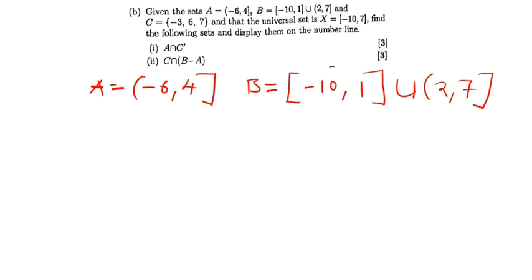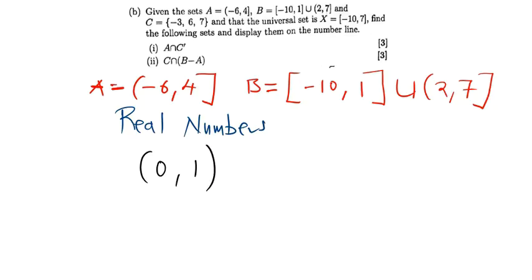Now this is an interval. We've already defined by now what real numbers are. I like giving this example: think of numbers from 0 to 1. If I use these brackets, you understand that 0 and 1 are not included in this set.